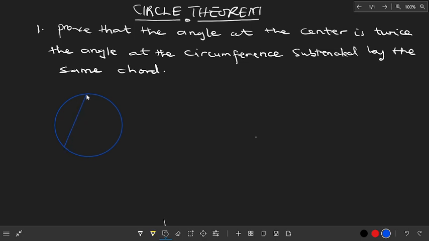Now this is our center. Let's denote this center as O, and then here A, B, and C.